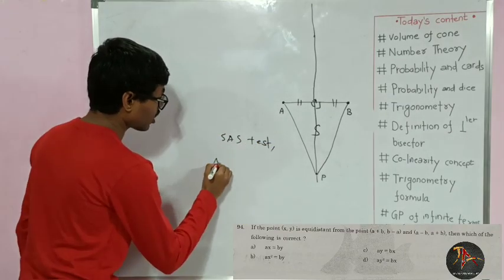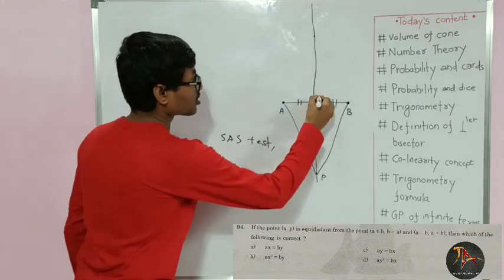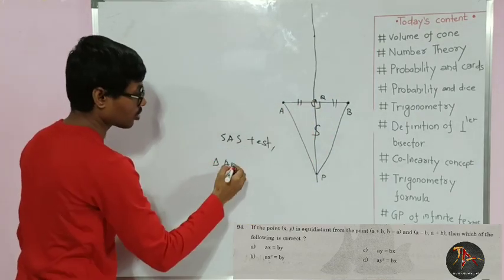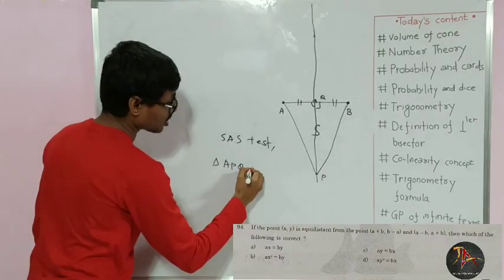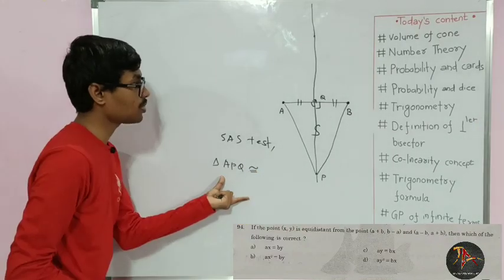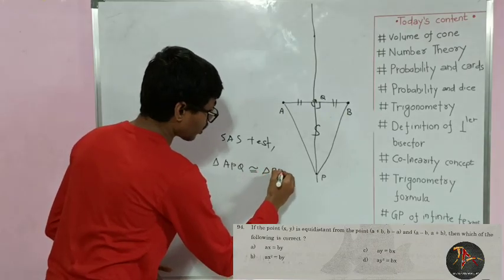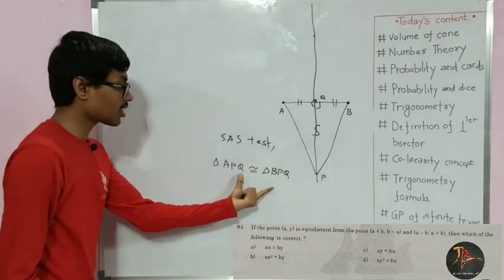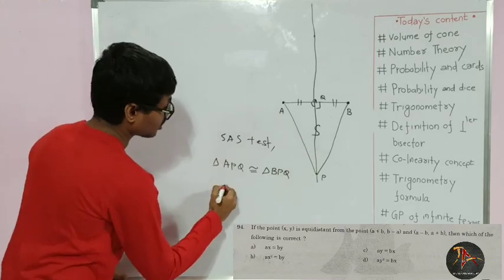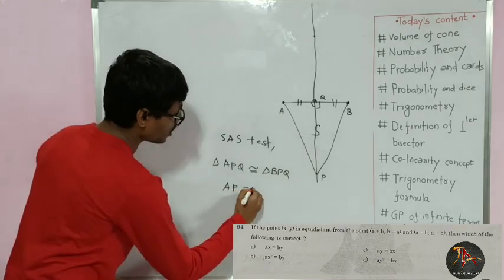By SAS test, suppose I name this point as Q. Triangle APQ is congruent to triangle BPQ. Now from the equality of triangles, we can say that AP is equal to BP.